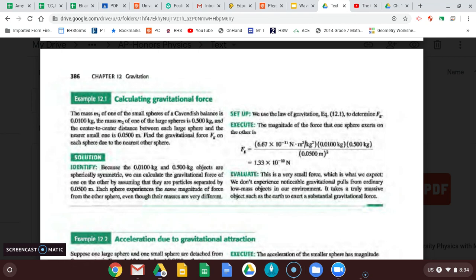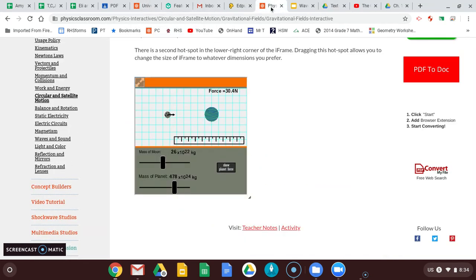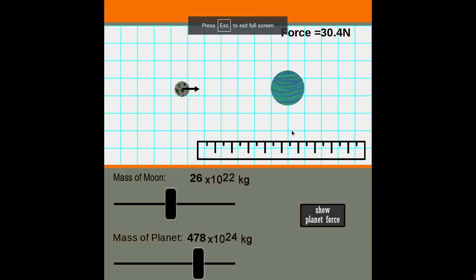We only call something weight when one of the masses is an object on or near the surface of the planet or moon or whatever it's on. This is a more generalized thing, about the force between two masses in the universe, which could be illustrated in this little simulation.